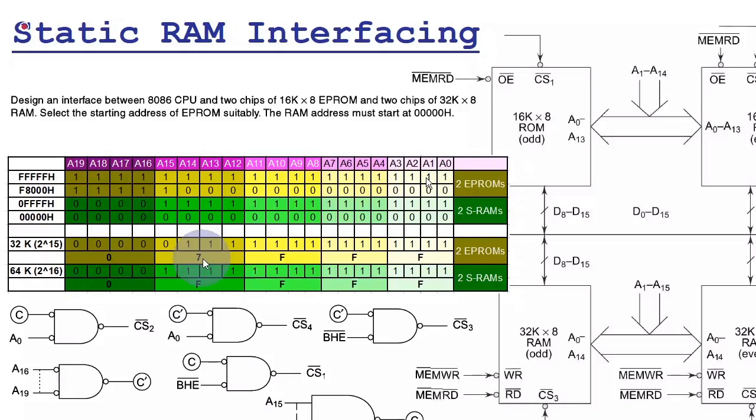So F8000 in hexadecimal will be the beginning address of the set of these two ROMs. These two ROMs will be connected between addresses F8000 and FFFFF. Now, does this address range include FFFF0? Yes or no? It includes that.